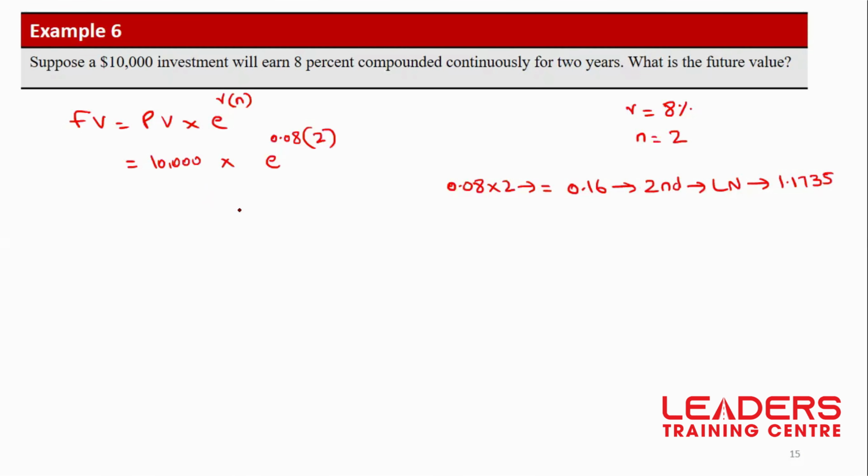So that means this is the future value factor, just a small correction here, 1.1735, times the 10,000. And that should give us 11,735. That's the future value. Now, the main thing I want to focus on is what this means.